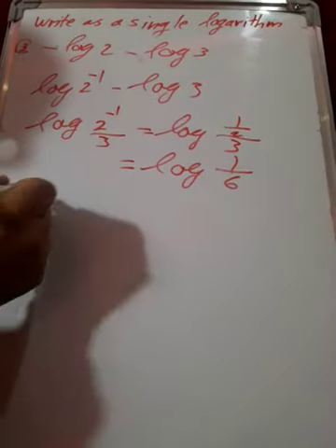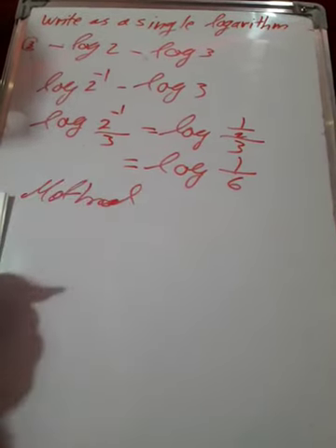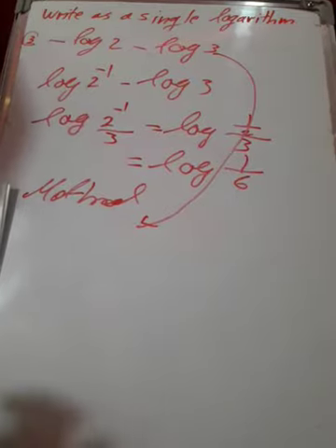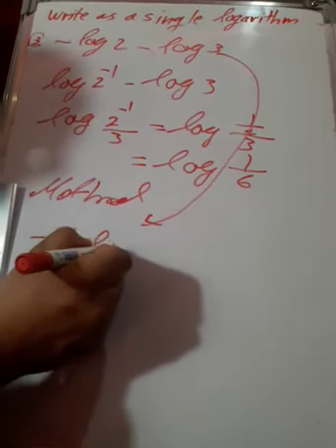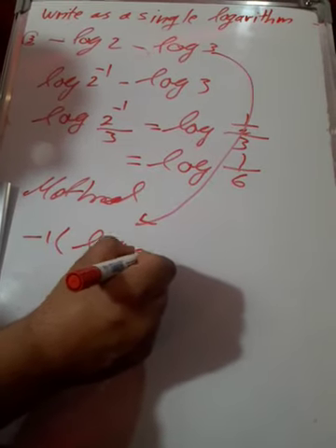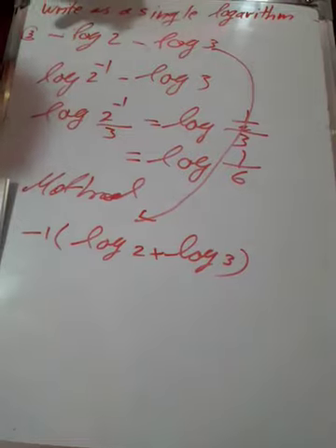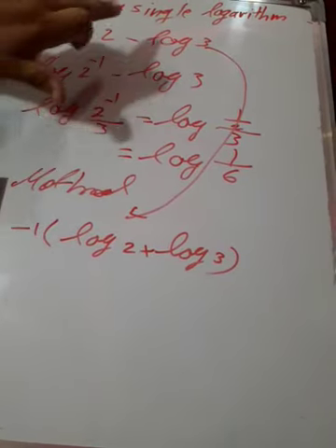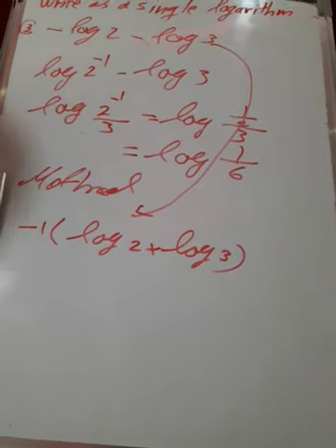The other method, I can take negative 1 as a common factor of all the terms. So I'll get minus 1 times logarithm 2 plus logarithm 3. Why? Because negative logarithm 2 divided by negative 1, I'll get logarithm 2. Minus logarithm 3 divided by minus 1, I'll get logarithm 3.